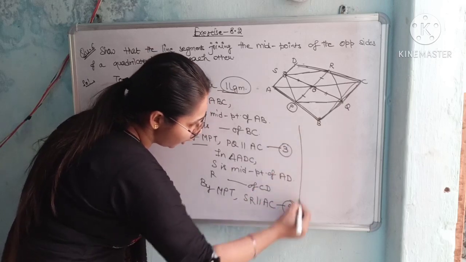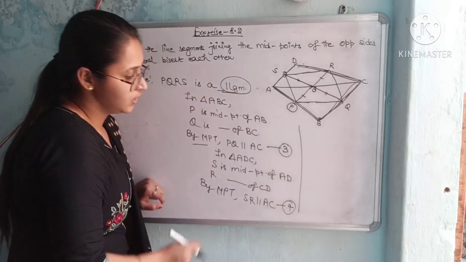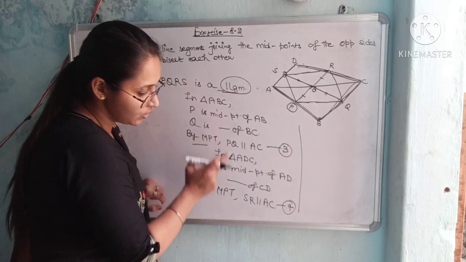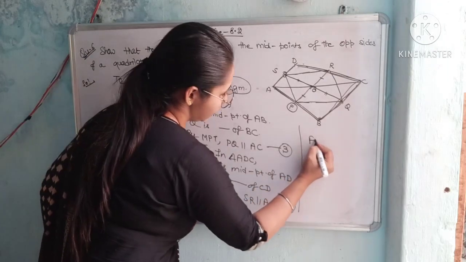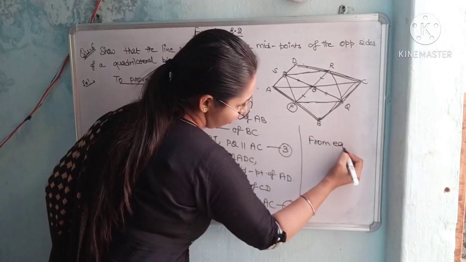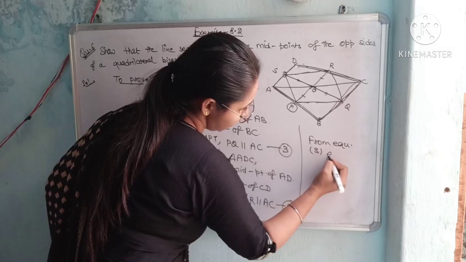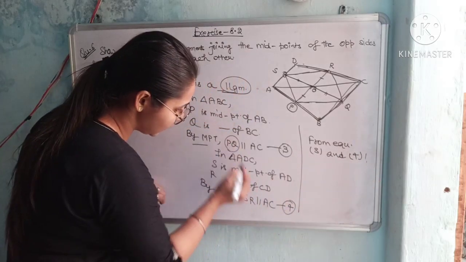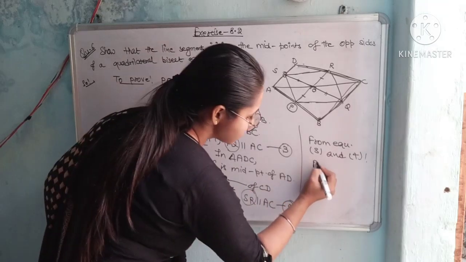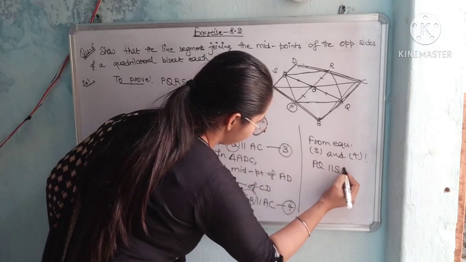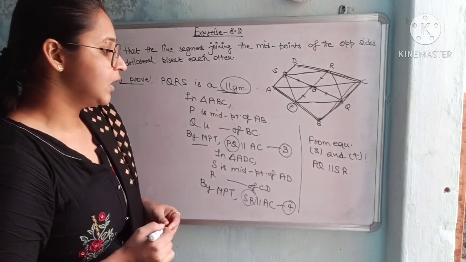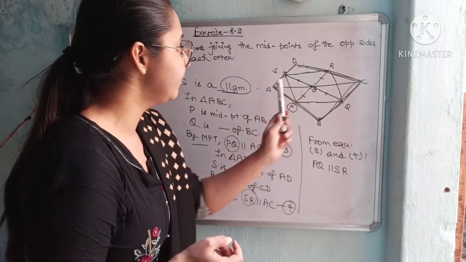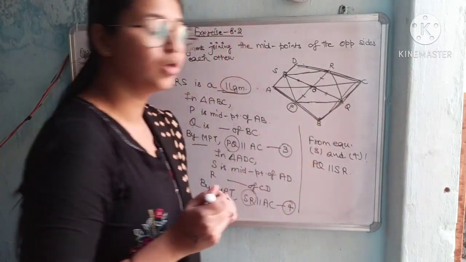Now, from equation 3 and 4, we are getting PQ is parallel to SR. So you are getting PQ is parallel to SR, and PS is parallel to QR.